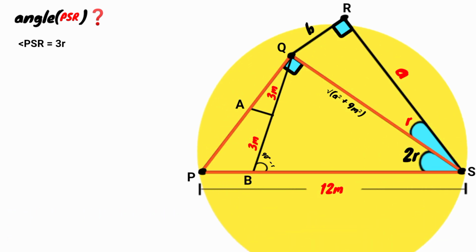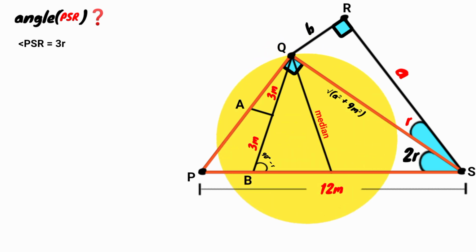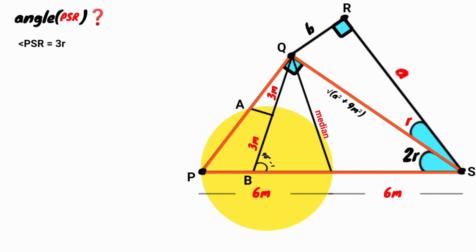Now back to this triangle PQS. From this vertex here, we draw out a median. It will bisect this side. So since the length of this side is 12 meters, this segment and this each are going to be half of 12 meters, which is 6 meters.